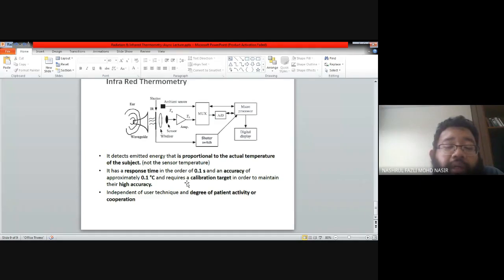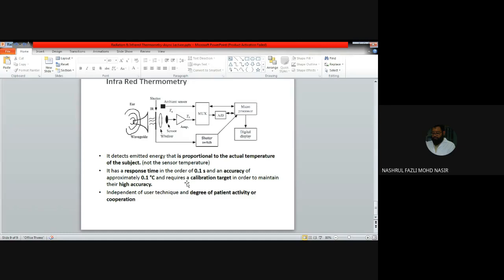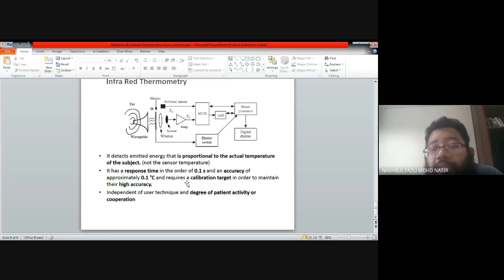So we can see from the mercury thermometer, the thermocouple, the thermistor, and so on, how the technology is being used to detect the temperature of a patient, and also for other applications within the industry.